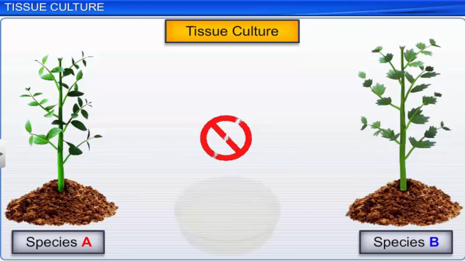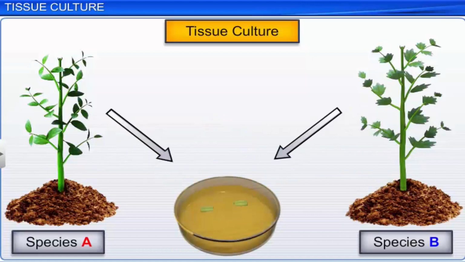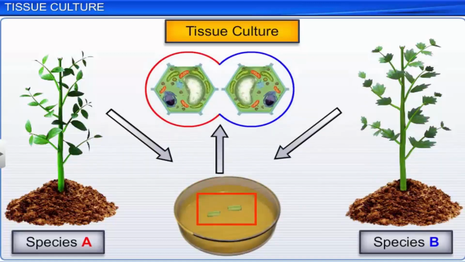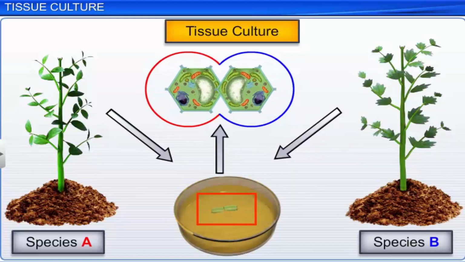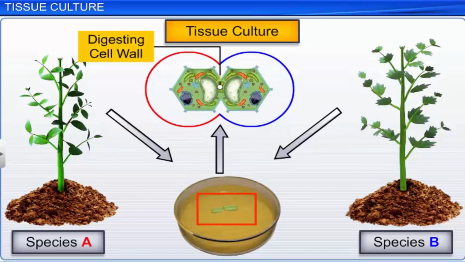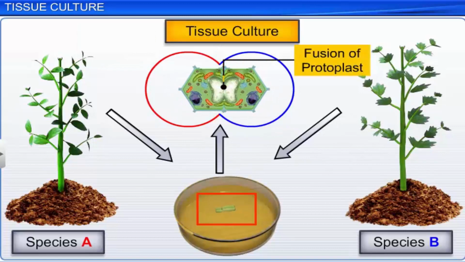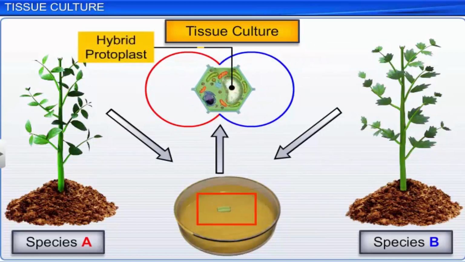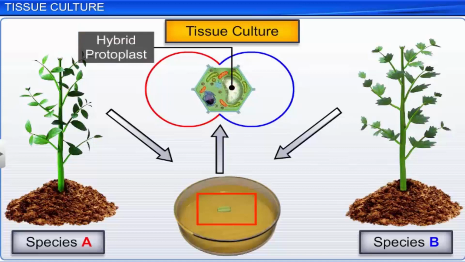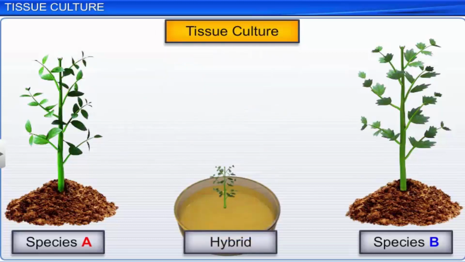Here, individual cells are isolated from each plant species and are placed in a culture medium. The cell wall gets digested in both cells, which aids fusion of the two protoplasts of different species, resulting in a hybrid protoplast. The hybrid protoplast is called a somatic hybrid, which gives rise to a whole new plant and may contain the desired characters of both species.